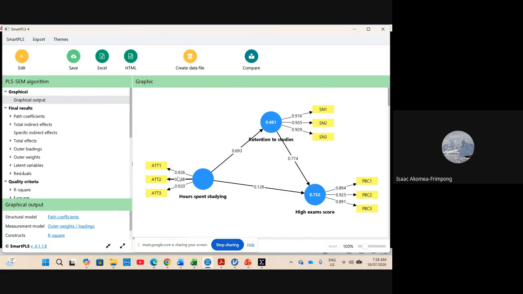That means you have to remove a lot and keep the ones which are 0.7 and above. And that is the reason why I recommend that when you are designing your questionnaire, for each of the constructs, make sure you put in many indicators.